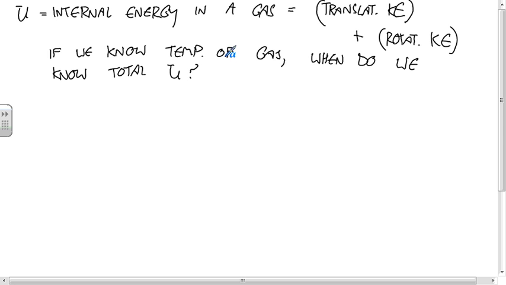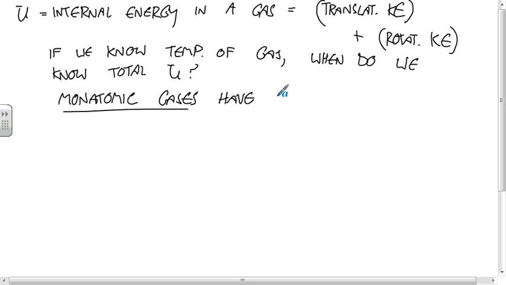Yes, that's right. So monatomic gases. Yep, that's exactly right. So monatomic gases. I always forget how you spell that. Monatomic gases have very little rotational kinetic energy.